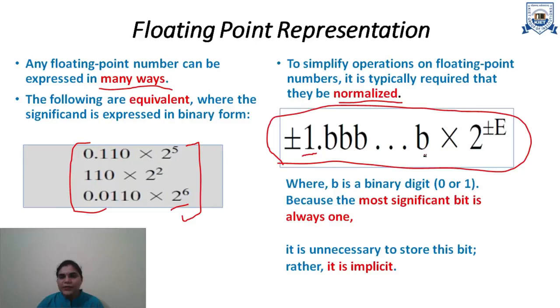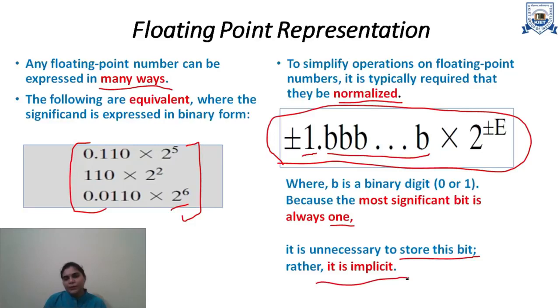Here B is denoting binary digit and this part is called mantissa part. In normalized number, the most significant bit will always be 1 in case of binary numbers. So we do not need to store this 1. So it is unnecessary to store this bit. Rather, it is implicit.